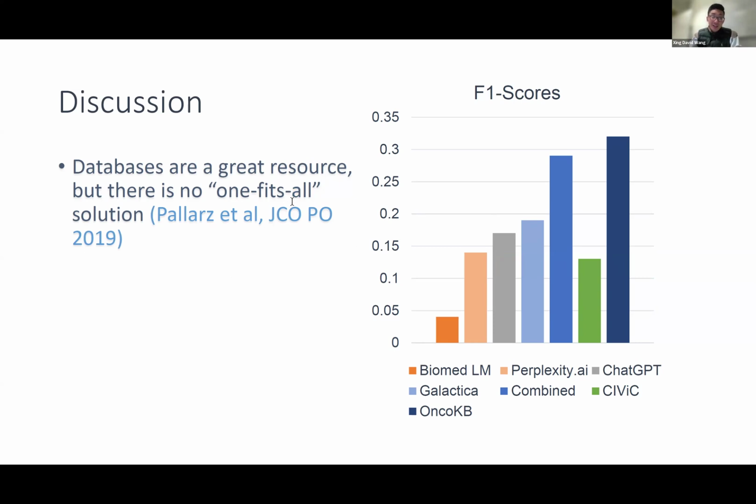But as we can already see in the literature, and also again in our study, even though the clinicians consult these databases like VICC and OncoKB, the resulting F1 scores do not show a much higher agreement of the annotations in these clinical databases with what the MTB actually suggested in this case. Here we see that OncoKB, for example, had a 32% F1 score, which is minimally higher than our combined LLM score.